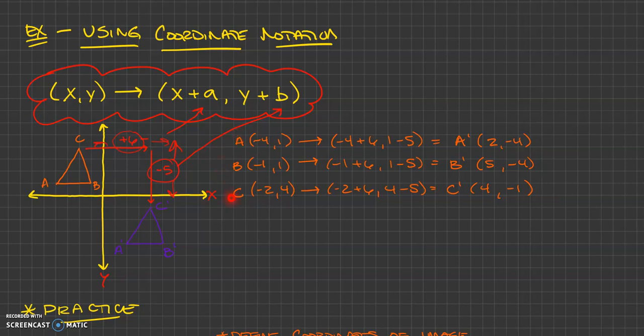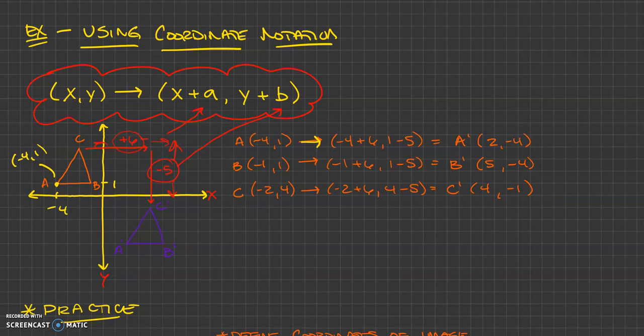Now, in this section here, you can see how I've just mathematically calculated A prime, B prime, and C prime. I start with A, which is at -4, right there. That's going to be -4, and that's going to be a +1. And so A is -4, 1. That's the point right there. So here's my arrow.